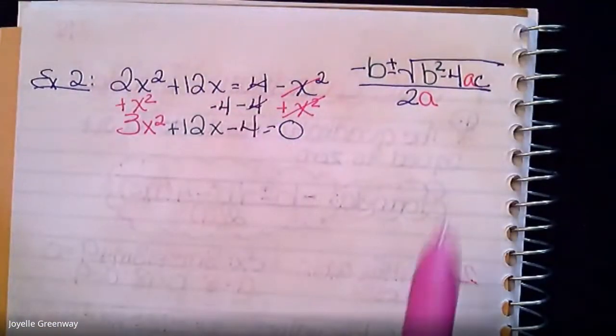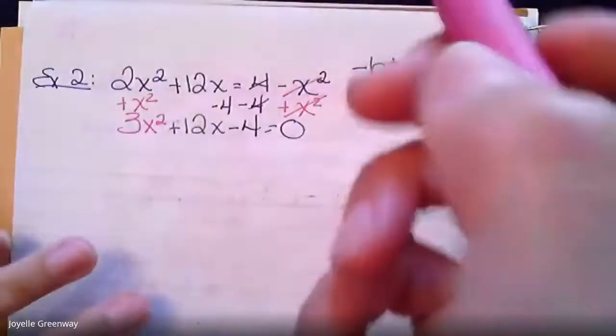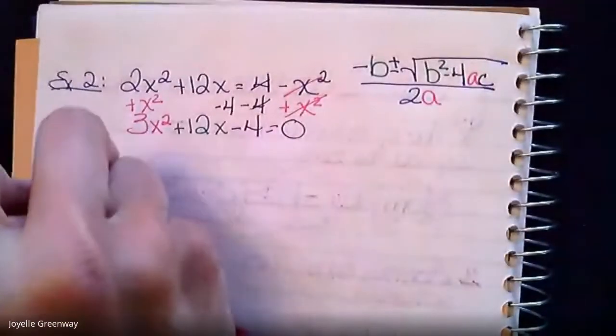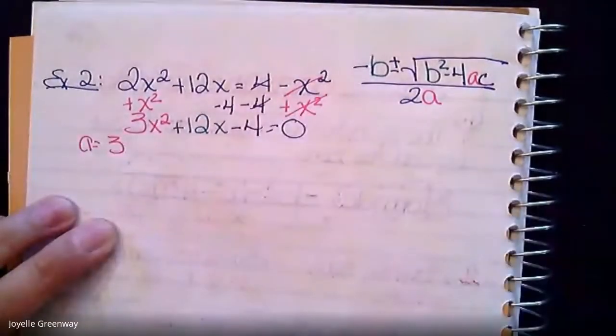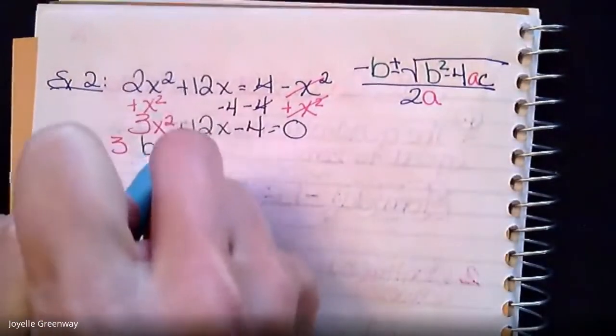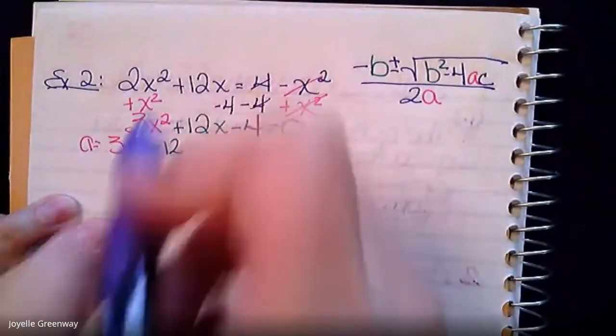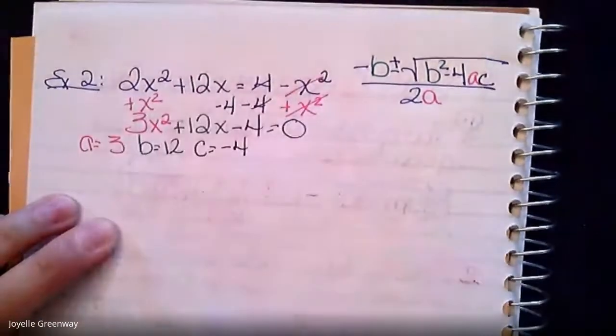Okay, so there's your general quadratic formula. So my a value is 3, my b value is 12, and my c value is negative 4.